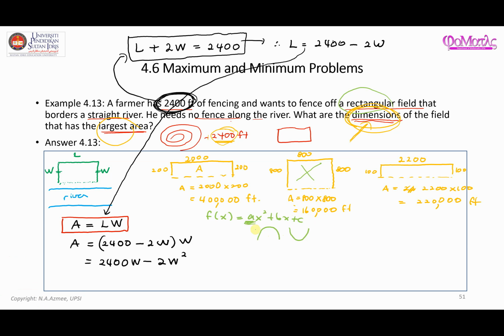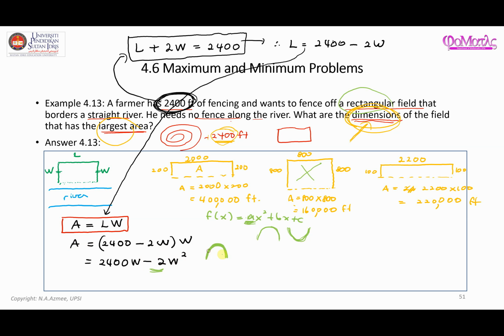If a is negative, the graph is going to look like this. If a is positive, the graph is going to look like this. Here the value of a is negative, it is -2. So if I sketch the graph of A, it is going to look like this in general.